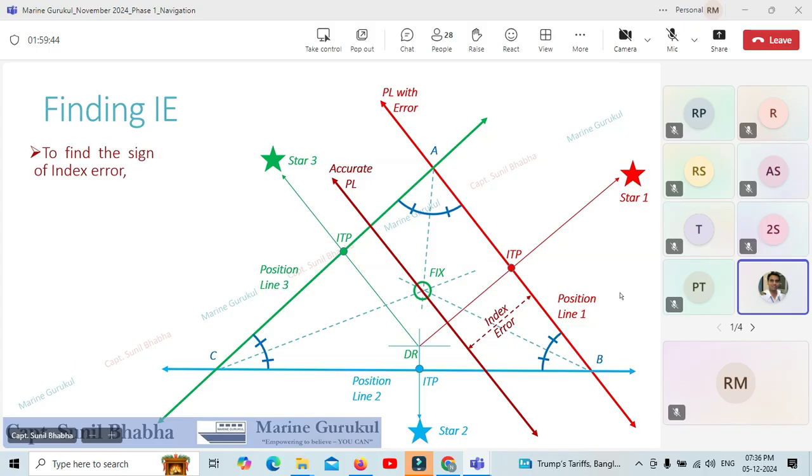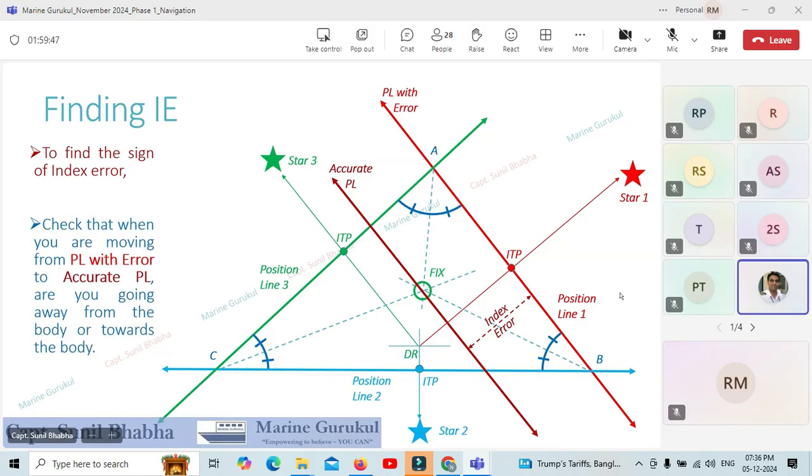Now for finding out the sign of the index error, we need to check carefully in the diagram that when we are moving from the PL with error, in our case the red color PL making the triangle, to the accurate PL, the PL without error, in our case the maroon color PL, are we moving towards the body or away from the body?